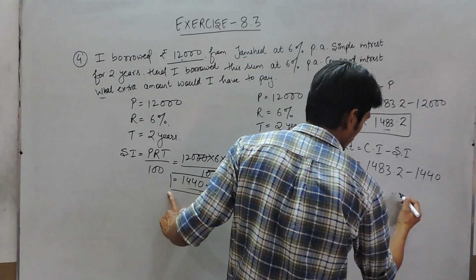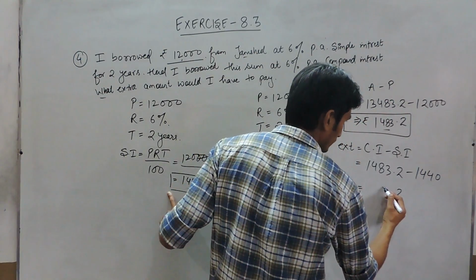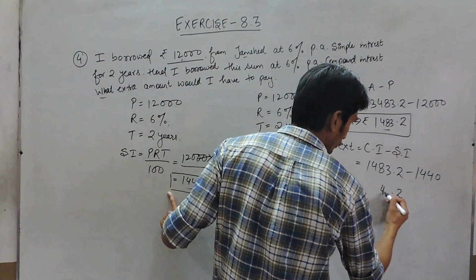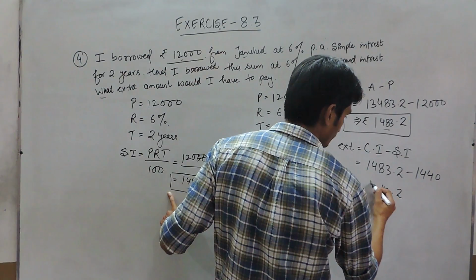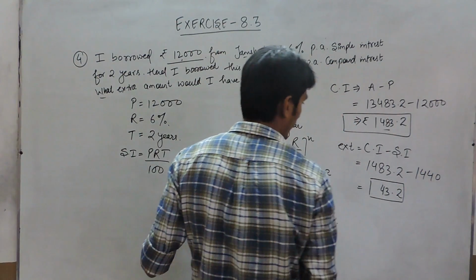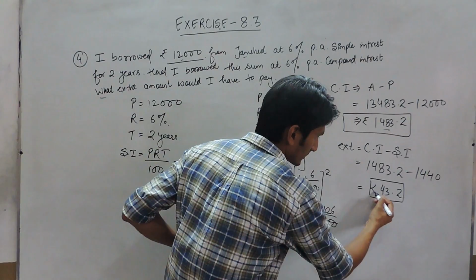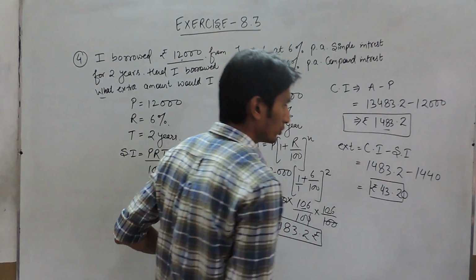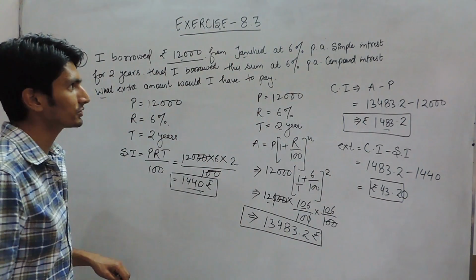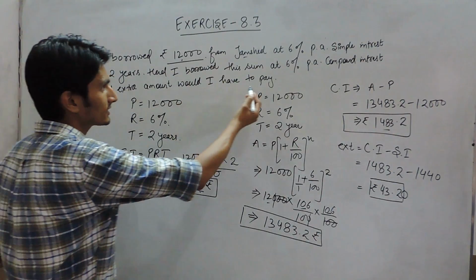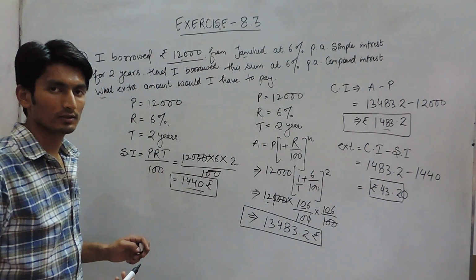So this is 2 and this is 4, 3. So I have to pay rupees 43 rupees 20 paisa extra to Jamshed if I had borrowed the sum at compound interest. Thank you.